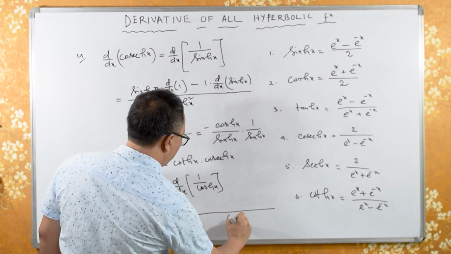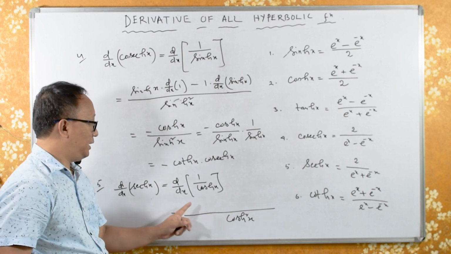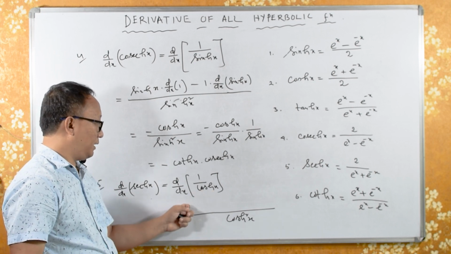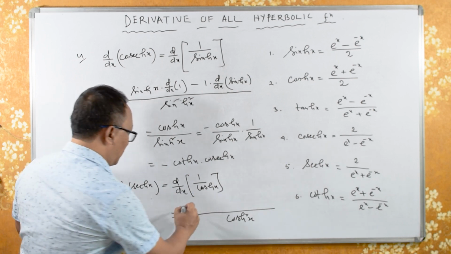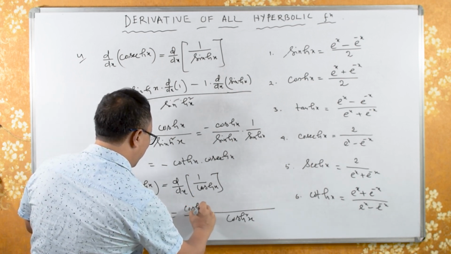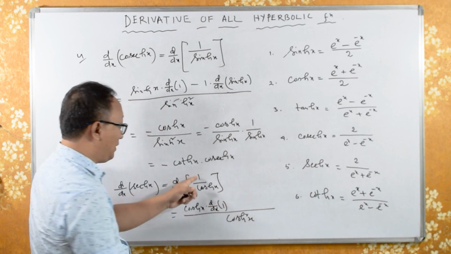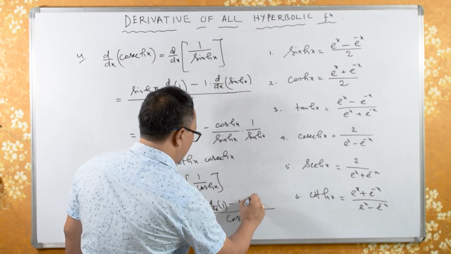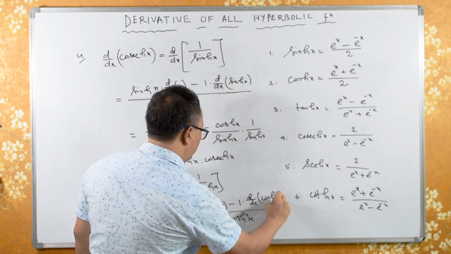We have cos hyperbolic square x in the denominator, times cos hyperbolic x into d/dx of 1, minus 1 into d/dx of cos hyperbolic x.